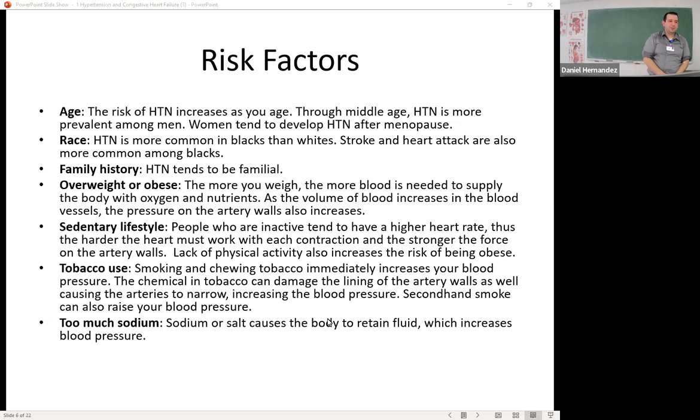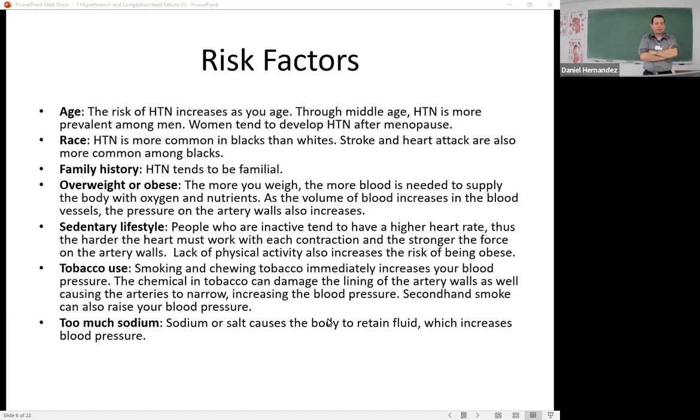So we have age. Typically, it's a condition that occurs, and the more elderly you get, the more likely you are to develop hypertension. So there is an age component to that. As you age, that increases your risk for developing hypertension. There is a racial component that's noted with hypertension as well.